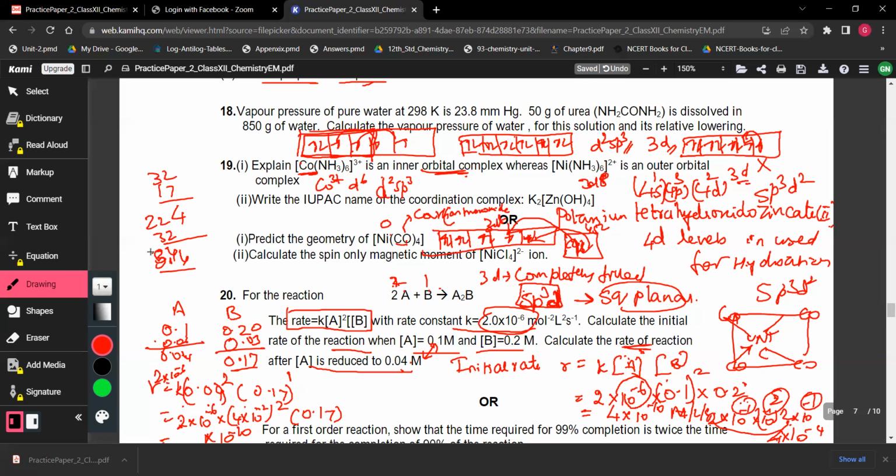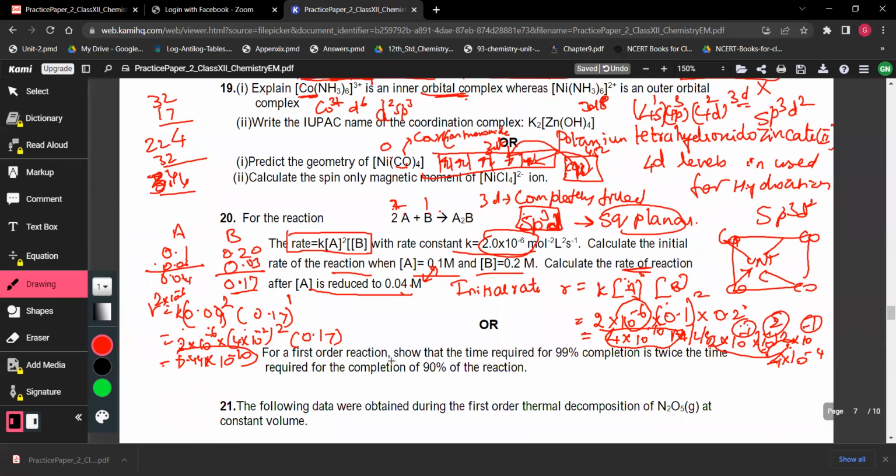So 32 into 0.17 is 5.44. So the answer is 5.44 into 10 power minus 10. So originally the rate was 4 into 10 power minus 10. Now it got reduced to 3.44 into 10 power minus 10.